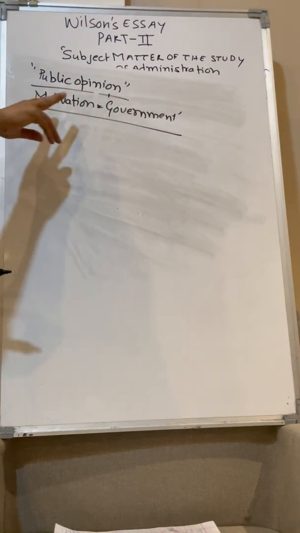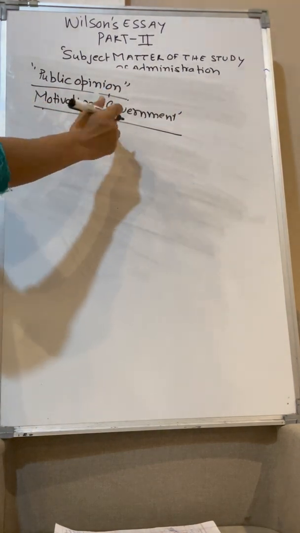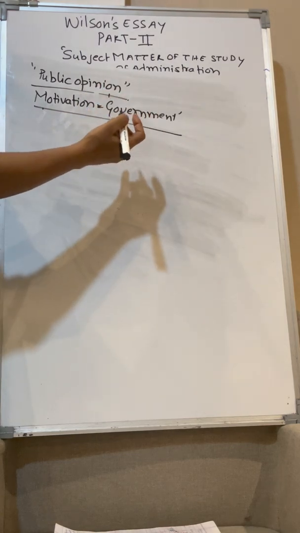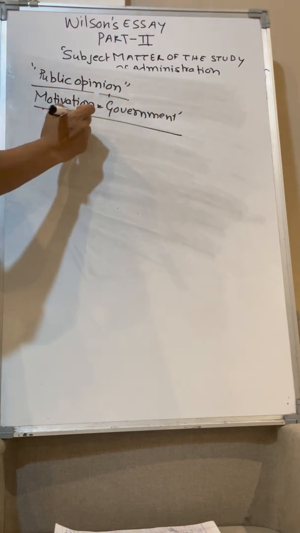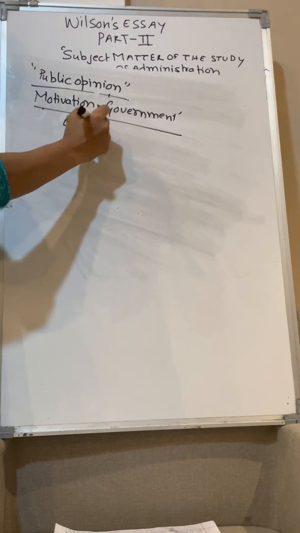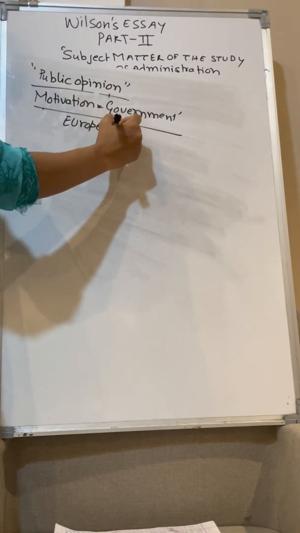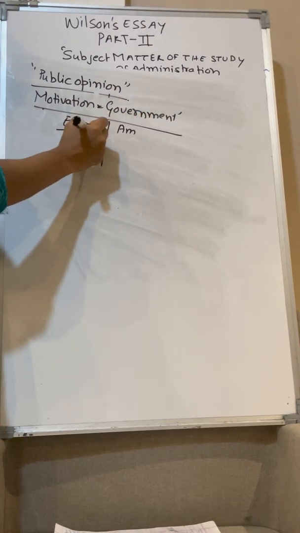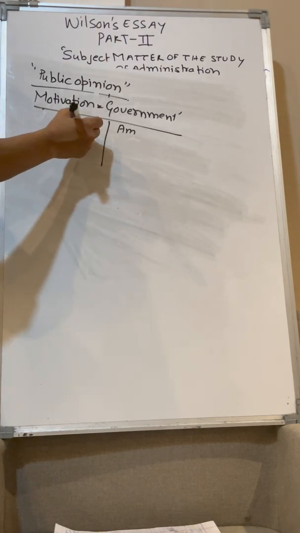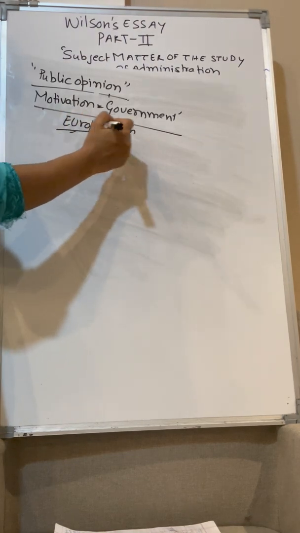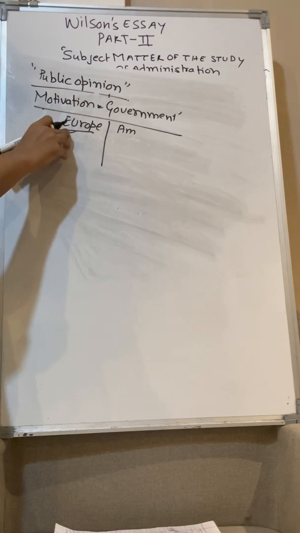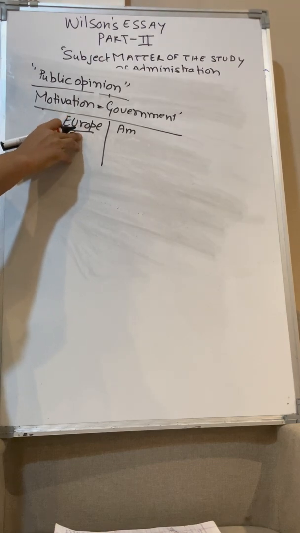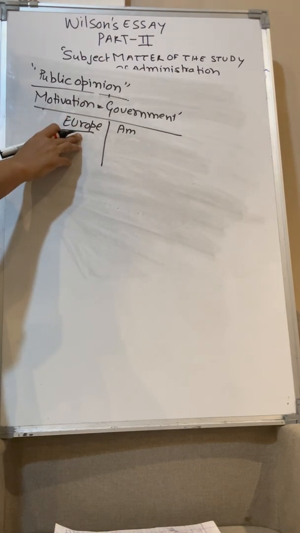So then he compares two nations, as I mentioned in the first part also, Europe and America, European government and American government, because administration was firstly studied in Europe only. So he says that as it happens in Europe, people don't have a public opinion as such.